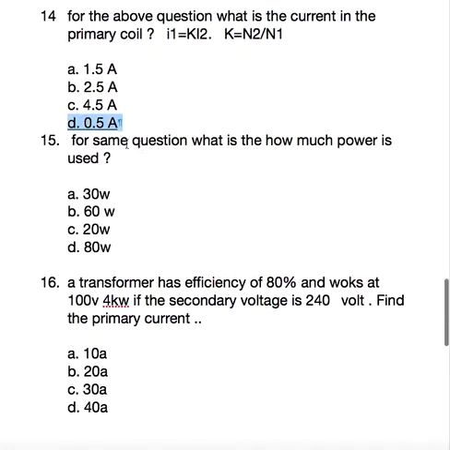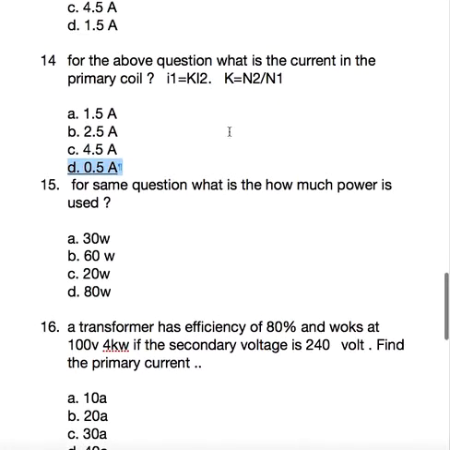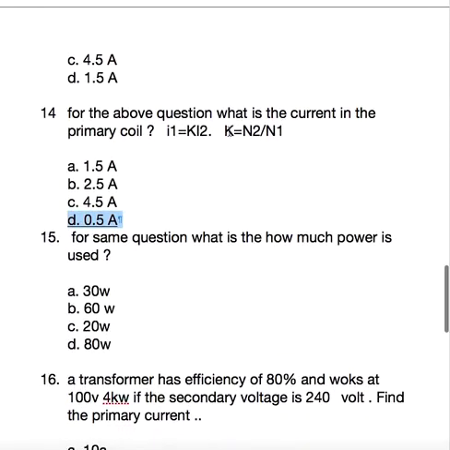Next, a similar question, that is question number 13. How much power is used?